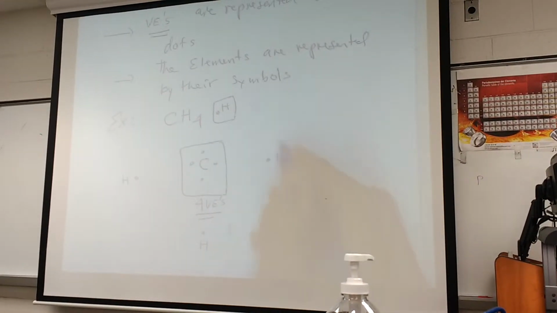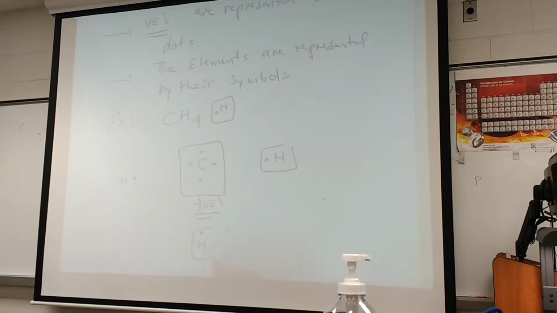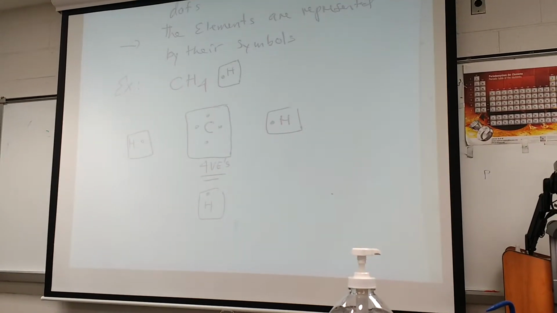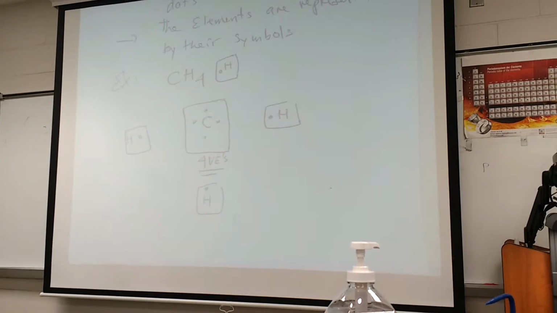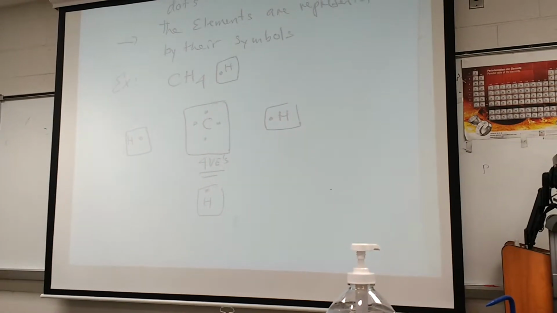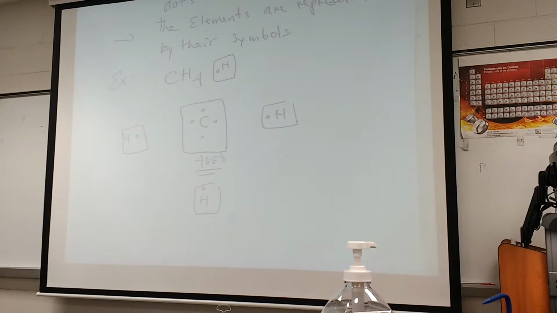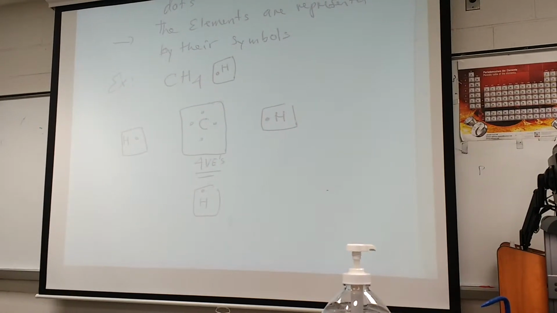So I will box all those here, and this will tell me this is the hydrogen with 1 valence electron in the molecule. So now, this is the Lewis dot structure. The valence electron is a dot, and then the symbol of the element.